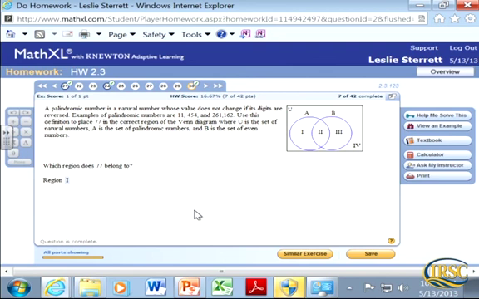Region 3 are what? Region 3 is just even, not palindromic. Okay? And then region 4 are what? All other natural numbers, yeah. So the universal set is natural numbers, so they would be the natural numbers that are not even and not palindromic. So in other words, odd numbers that don't fit that little pattern.